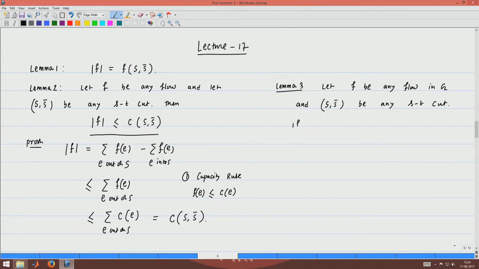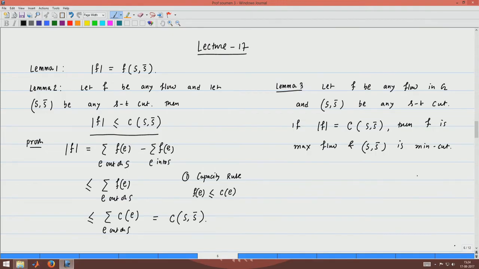Now, if the flow value is equal to the capacity of some cut (S, S complement), then f is a max flow and (S, S complement) is a minimum cut, right.